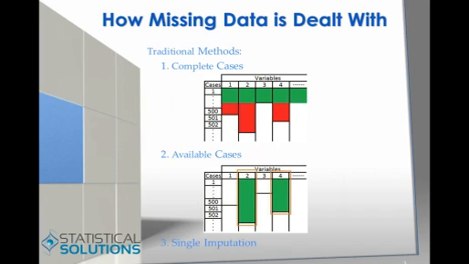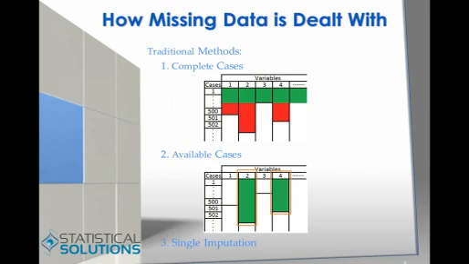Now, we feel this can lead to biasing in your analysis or your inference of the output, because there may be bias in the people or the cases that you've deleted. There may be a reason why there is missing data there, and you'd just be deleting it for no apparent reason.